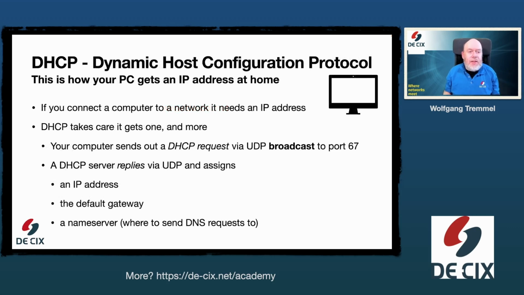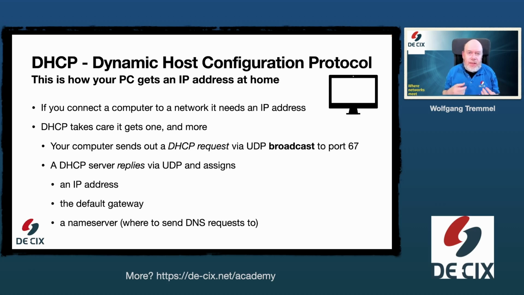Last example, DHCP, that's the Dynamic Host Configuration Protocol, mainly used in IPv4. That's if you connect a computer to a new network and you need an IP address. DHCP takes care of that. You broadcast the request for an IP address.